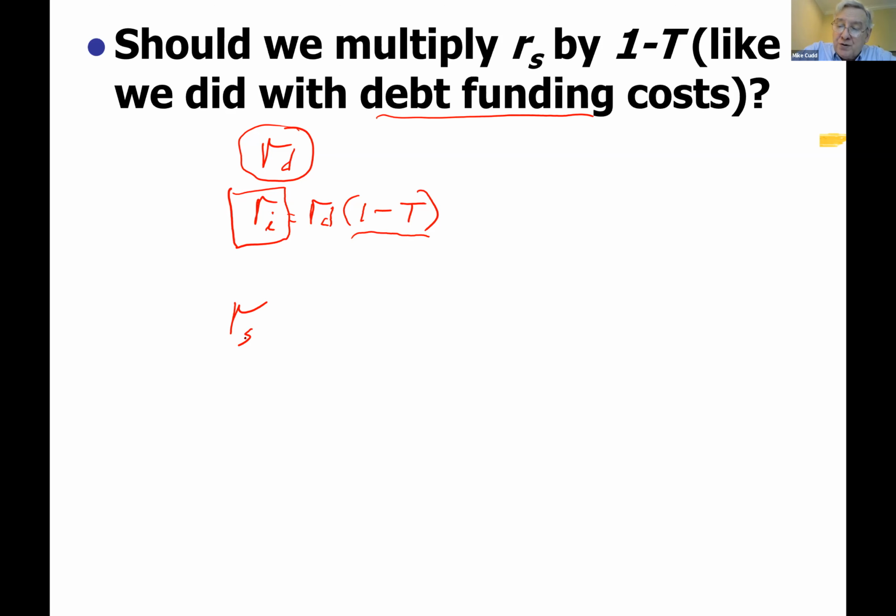Are dividends paid to shareholders considered a legitimate cost of doing business and therefore tax deductible? No. The rate of return that we find on retained earnings, RSBS, whether we use the CAPM or the dividend model, that's already in after-tax form.